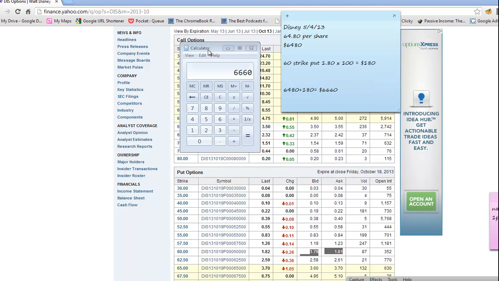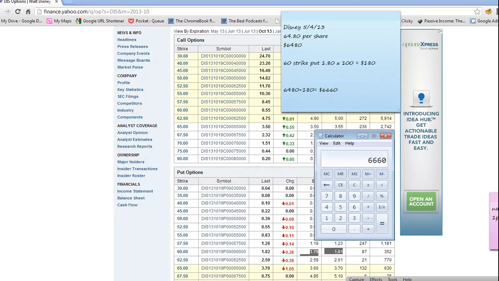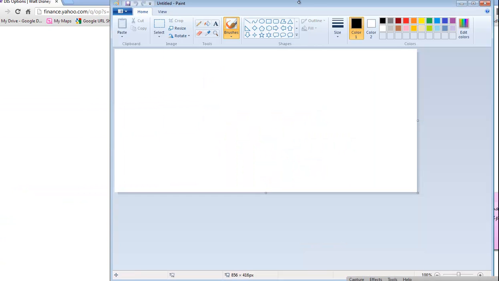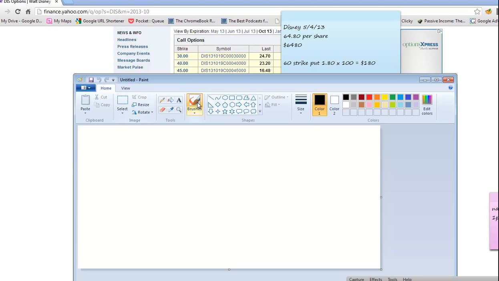So I'll do this in a picture graph. Let me open up Paint, and I'm going to try to do this. Okay, so we'll make our little chart here.